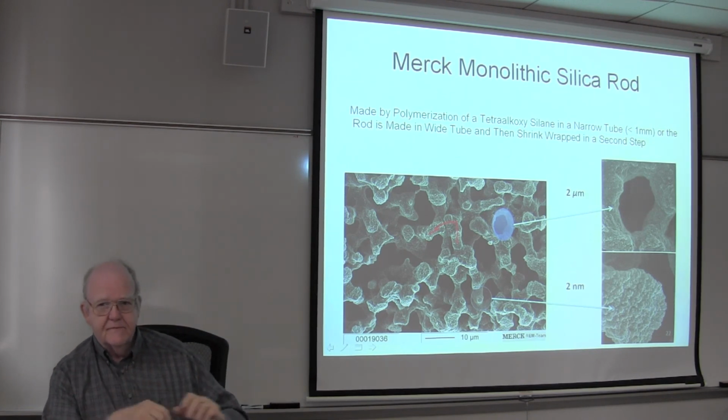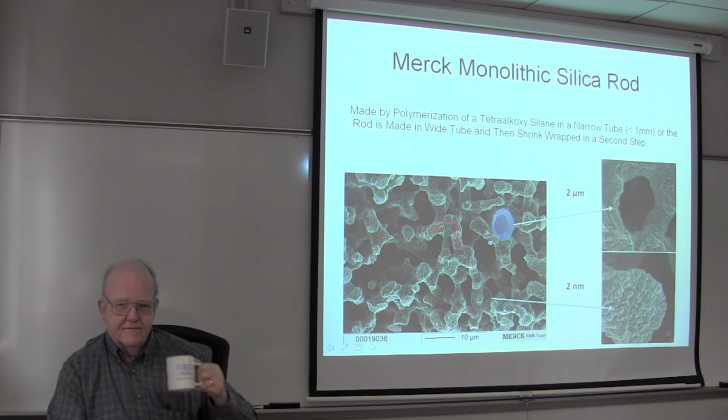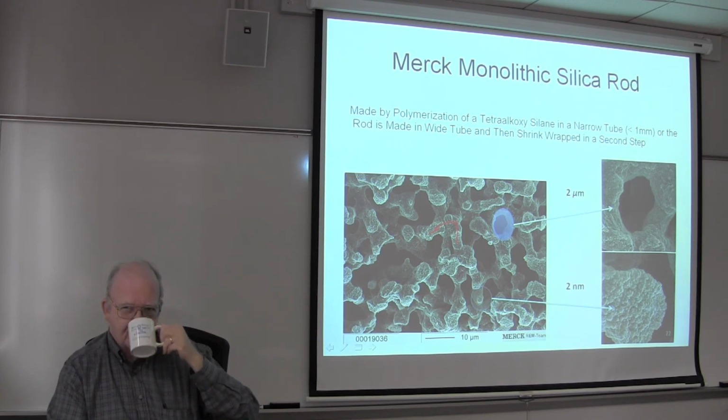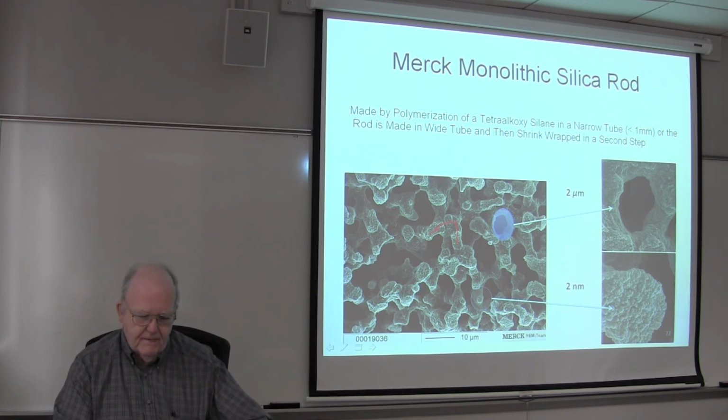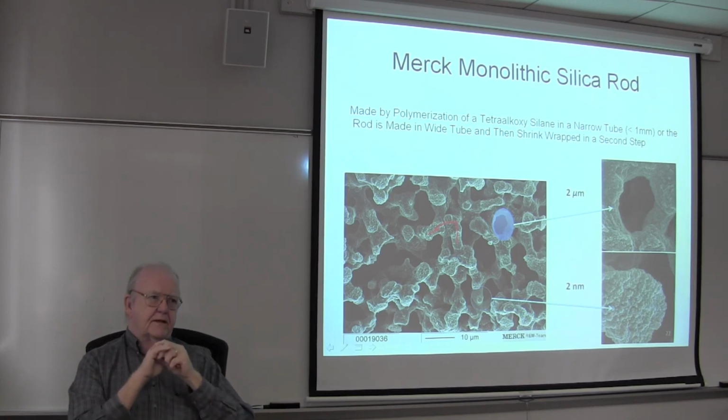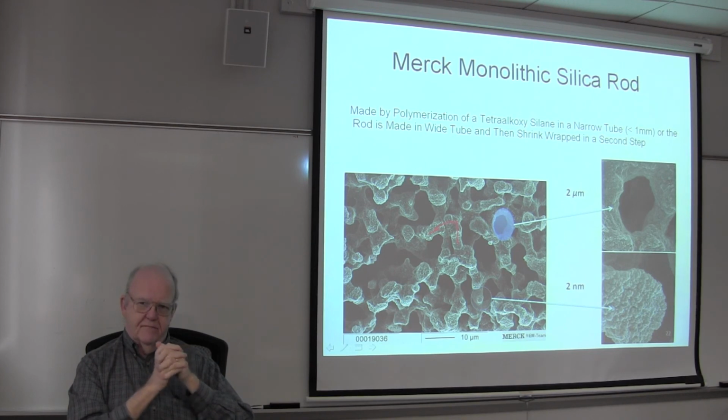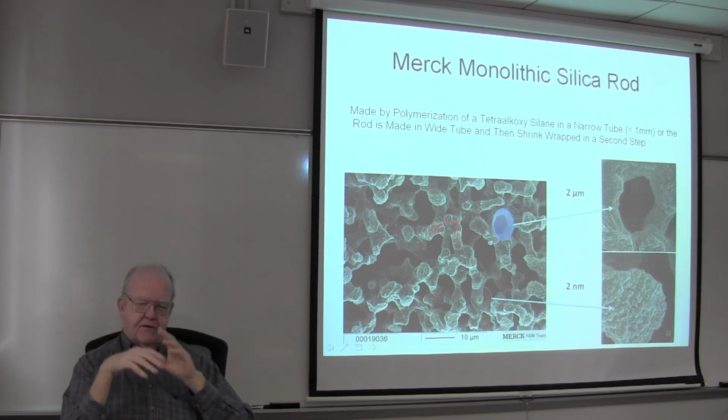Yes? How do packed beds and monoliths compare for degradation over time? I don't think there's a big difference between them. We'll talk about the stability of the particles pretty soon, but where they may differ is the following, Ryan. One of the causes of column death is junk, what you inject.